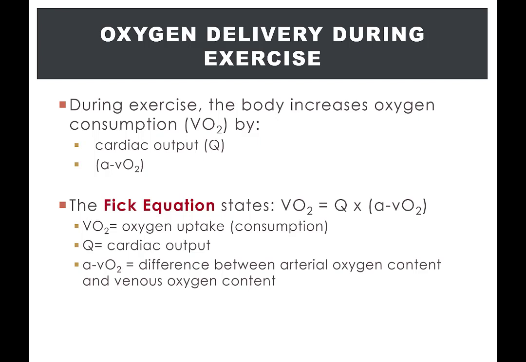So the measure of oxygen delivery, more specifically oxygen consumption, is VO2, which is the rate of oxygen consumption. VO2 is a measure of oxygen consumption rate, which in turn reflects oxygen delivery to active tissue and the subsequent uptake of oxygen by the cells of those active tissues. So this is why oxygen consumption, VO2, is also referred to as oxygen uptake or oxygen delivery and uptake.